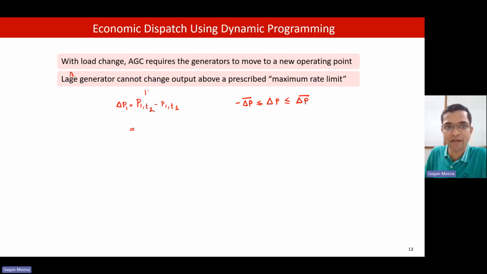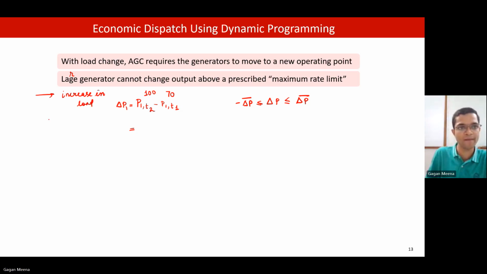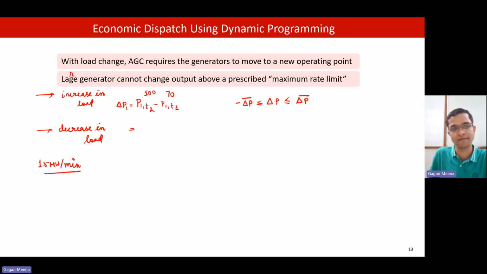Earlier this was 100 and this was 70. Now I am saying that instead of increasing generation, we are reducing it by 30. This was for the increase in load. Now I am decreasing the load by the same amount, 30, considering the 1.5 megawatt per minute ramp limit.